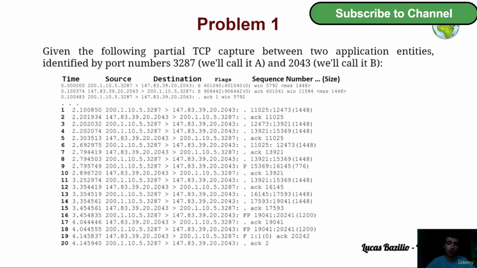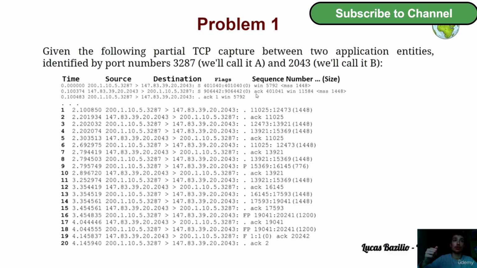Then what do we have in response from the application B? Well, we can see that now in the second line, this is a packet that is sent from the application B. It is the TCP segment that is sent from the application B. We know that because the source is now the port 2043, which is the port of the application B, to the destination A, which is this port. And the flags, what are the flags? Well, the flags are the synchronization and the acknowledge.